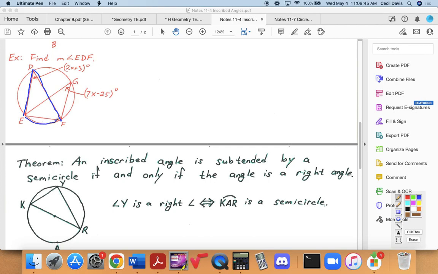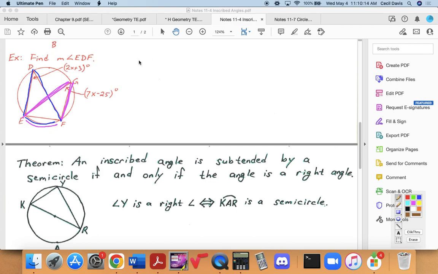But they didn't tell us the measure of EF, so that doesn't feel particularly helpful. But notice they also gave us angle G's measure, and if I follow angle G, what arc does it intercept? It also intercepts EF. It's the same arc. So each of these angles is half of EF.